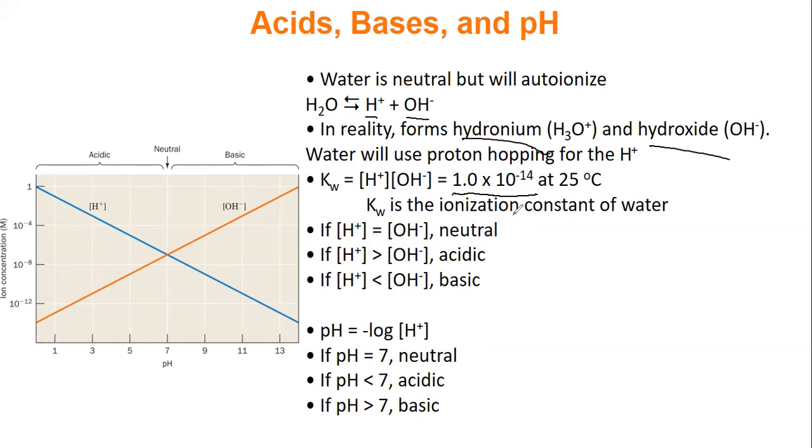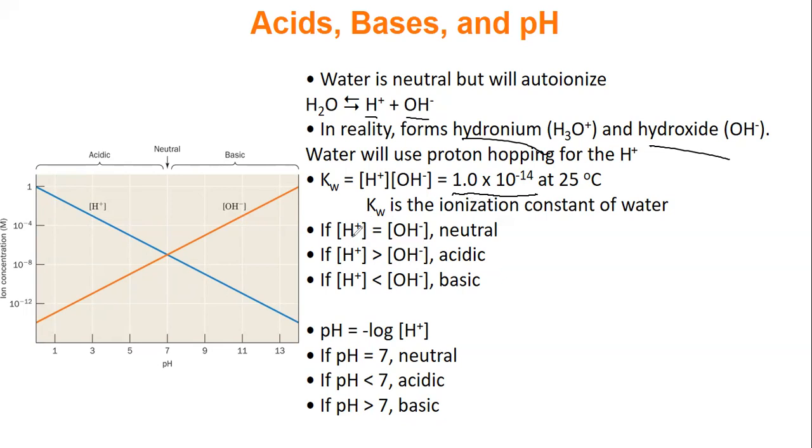Always, always, always at 25 degrees C. Different temperatures have different values of Kw. And what this means is that if H and OH are the same amount, we call that neutral. If we have more hydronium than hydroxide, that's acidic. If we have more hydroxide than hydronium, that's basic.